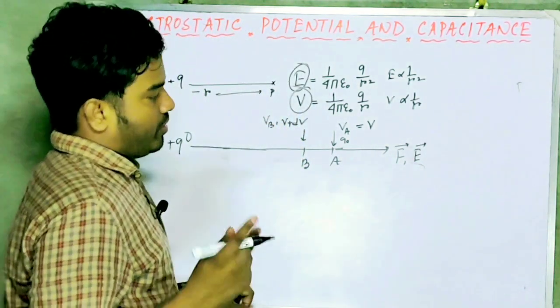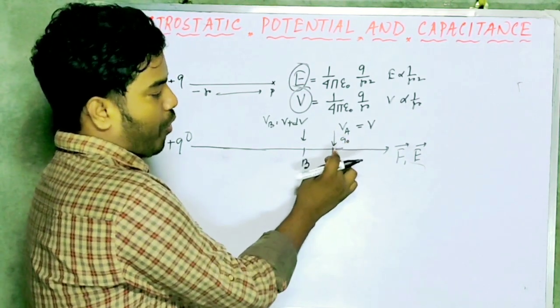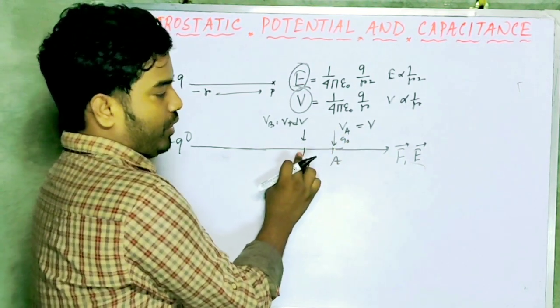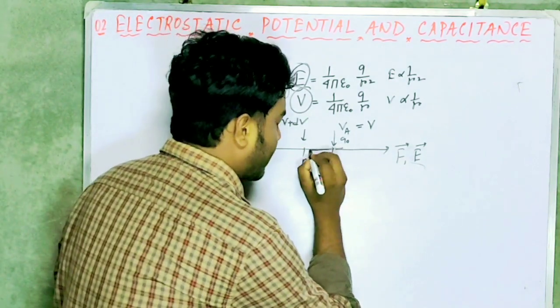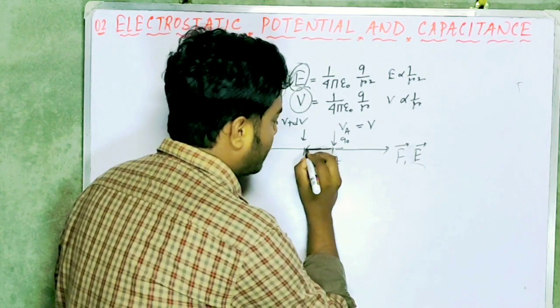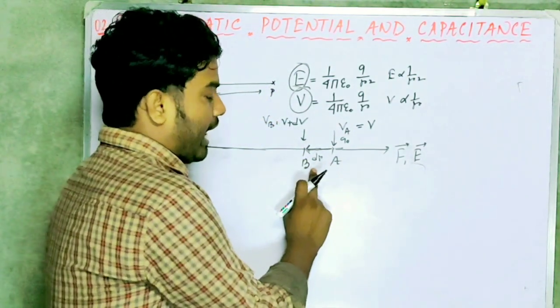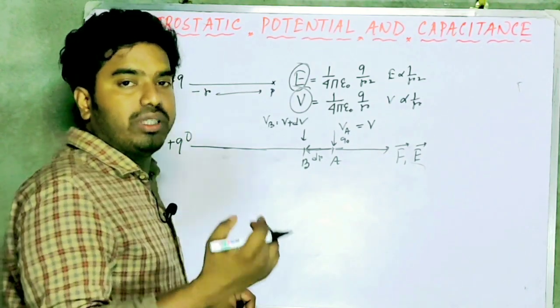Now, suppose we are taking a point test charge Q naught from point A to point B, which are separated by a distance dr. This separation is dr. And we consider the two points A and B to be very close to each other.